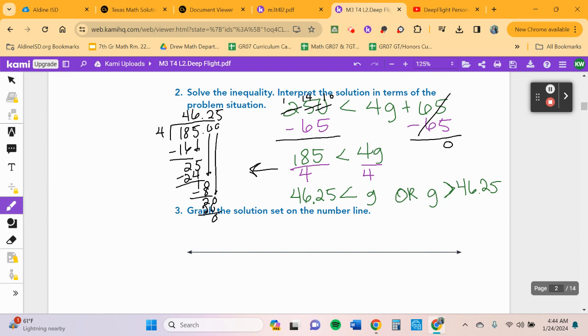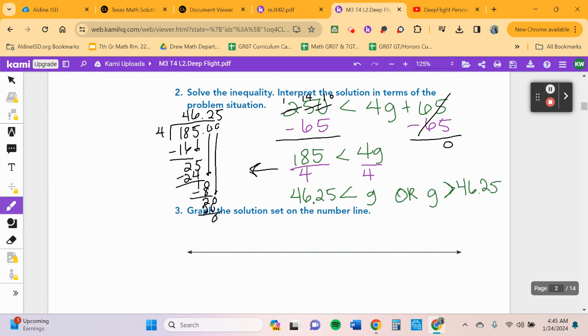But think about this. We're talking about glasses of lemonade, which is what the g represents, right? Can I have 46 and 25 hundredths of a glass of lemonade? No, not really. That's a weird request to ask at a lemonade stand. If I know that the amount of glasses is more than 46 and 25 hundredths, would we round our number down to 46, or would we round our number up to 47 glasses?